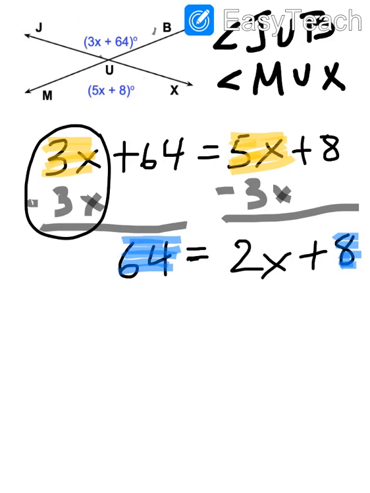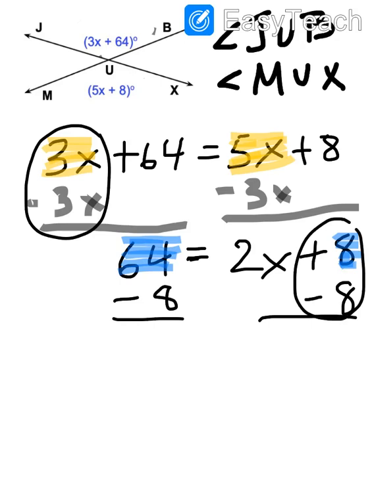Okay, so we want to then subtract 8 on both sides. 8 minus 8 on the right side here is going to give you 0. 2x plus 0 is just 2x. And then 64 minus 8 is going to be 56.